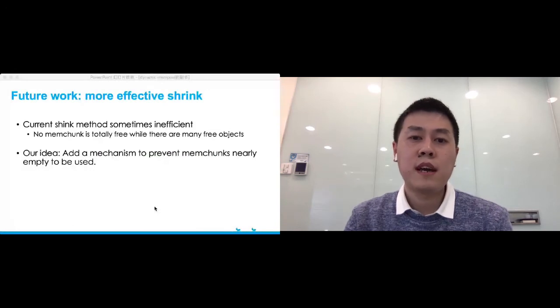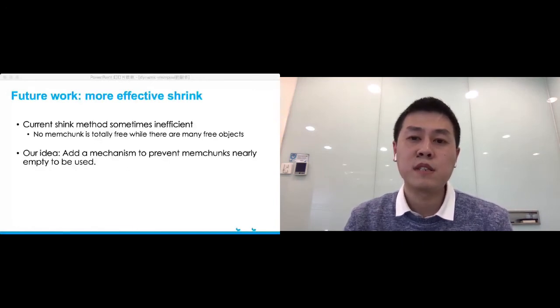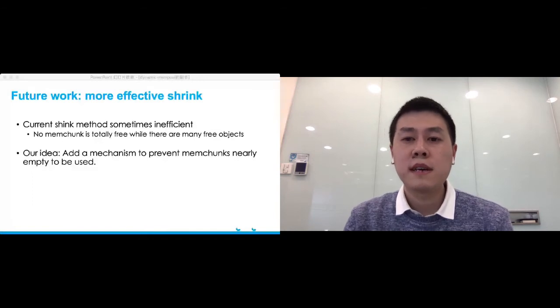So far, we have introduced our extensions on dynamic mempool and memory management, but the work has not been completed yet. Currently, the shrink method is still sometimes inefficient. It's possible that no mem chunk is totally free, while there are many free objects already. Therefore, the dynamic mempool couldn't shrink in this case.